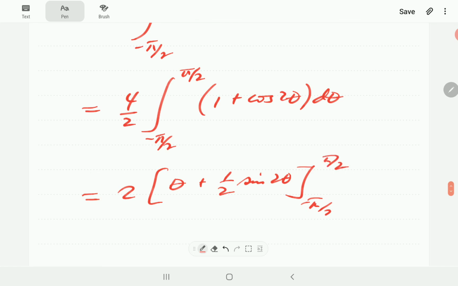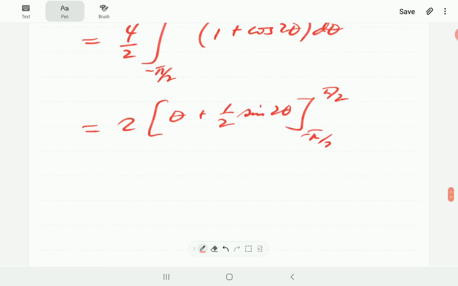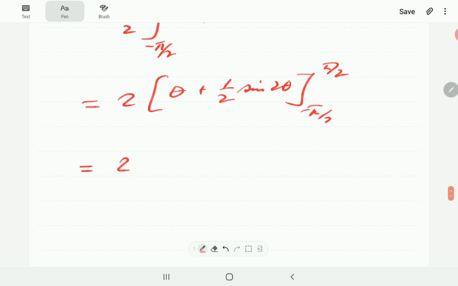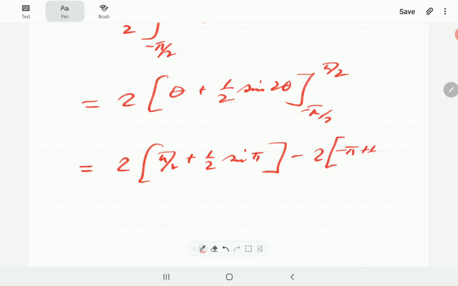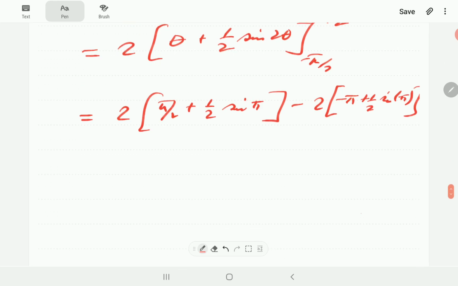Just notice that whenever we are working with trigonometric functions in calculus, the angle is always in radians. So this is going to be 2 times pi on 2 plus 1/2 sine 2 theta, which will be pi, then minus 2 times, so this time it is minus pi plus 1/2 negative pi sine negative pi.